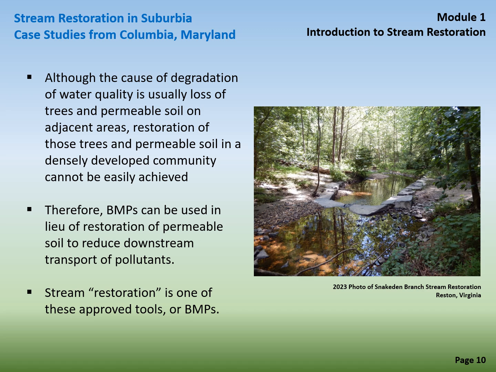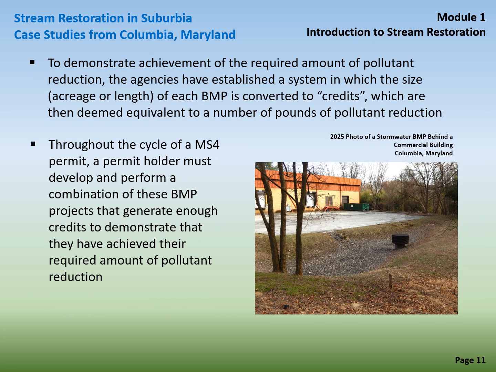And you can't necessarily replant all those trees again because the land area is now occupied by something else in a densely developed community. So instead of trying to reverse the things that cause the problem, these BMPs are intended to be used in lieu of restoration of permeable soil to try to reduce the downstream transport of pollutants. And stream restoration is one of these approved tools, or BMPs.